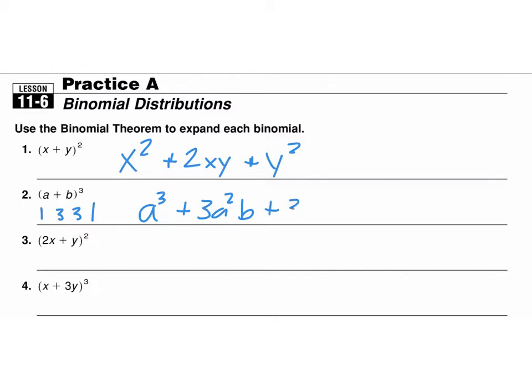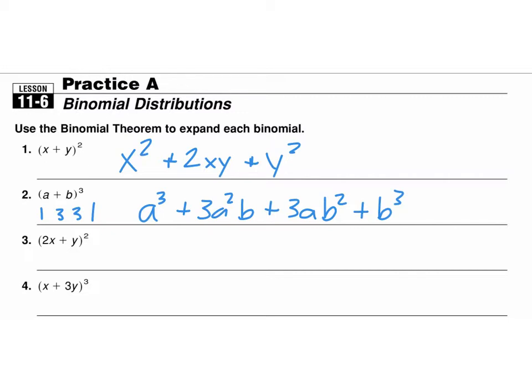The next one is another 3. A goes down to a to the first power, b goes to squared, and then the last term, coefficient of 1, which we don't have to write, and then the a is at 0, also a 1, we don't write it, and then b cubed. So we have a cubed plus 3a squared b plus 3ab squared plus b cubed for the answer.